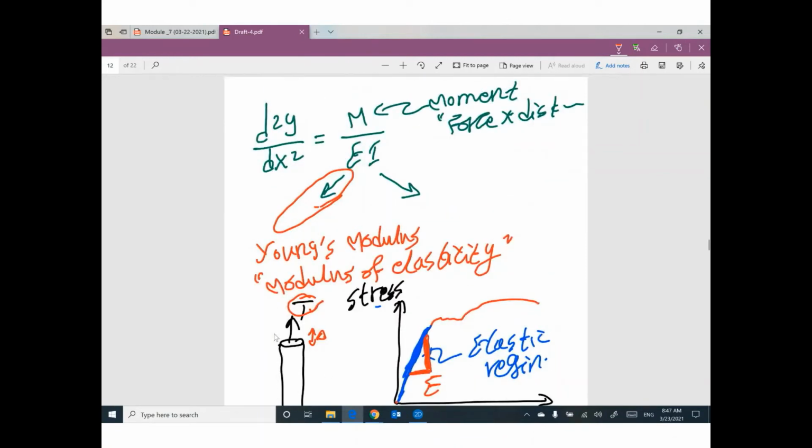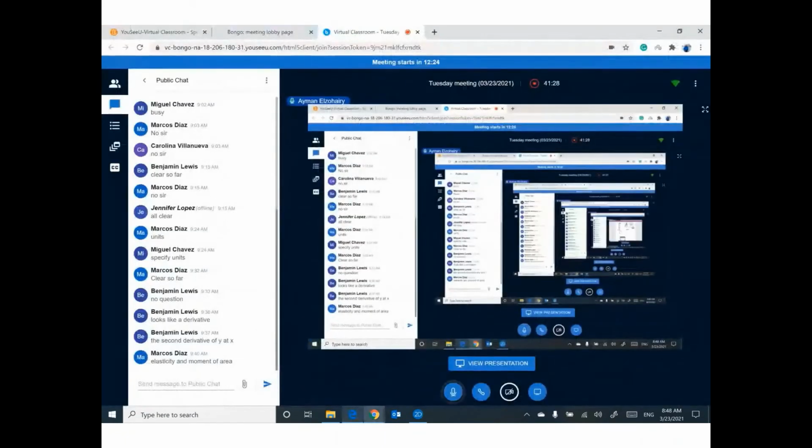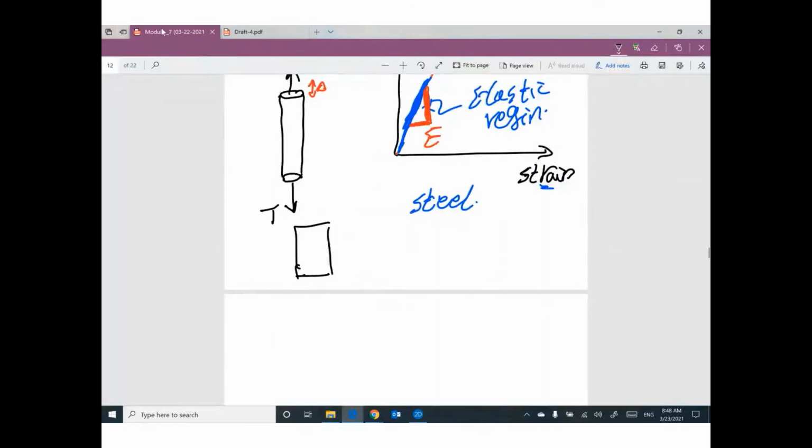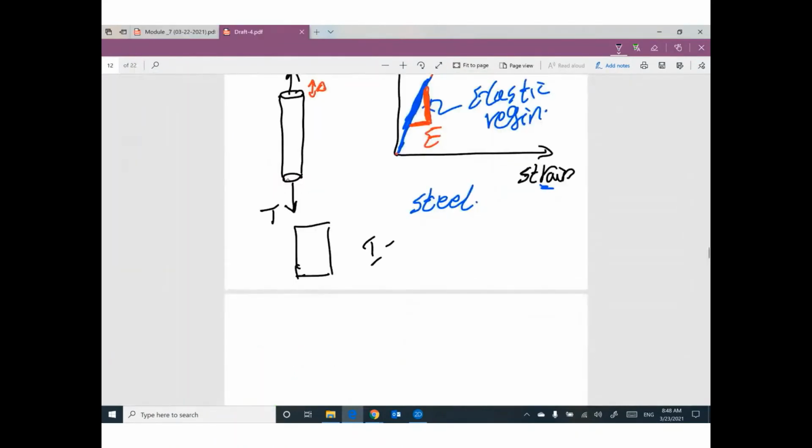Anyway, I called moment of inertia. During the engineering mechanics, we learned that if you have a rectangle cross section, looks like this rectangle for the beam that we defined in RISA, the moment of inertia I equals b times h cubed divided by 12.